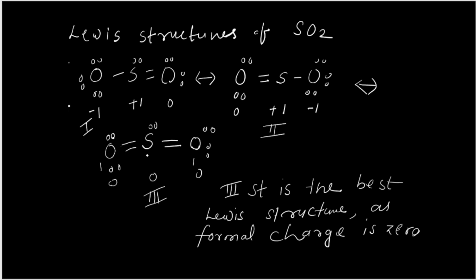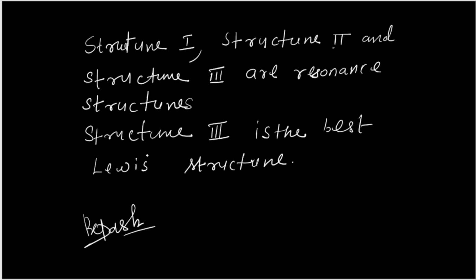Structure 1, structure 2, and structure 3 are resonance structures, and structure 3 is the best Lewis structure, because here formal charge is 0 for each atom, that is 2 oxygens and 1 sulfur.